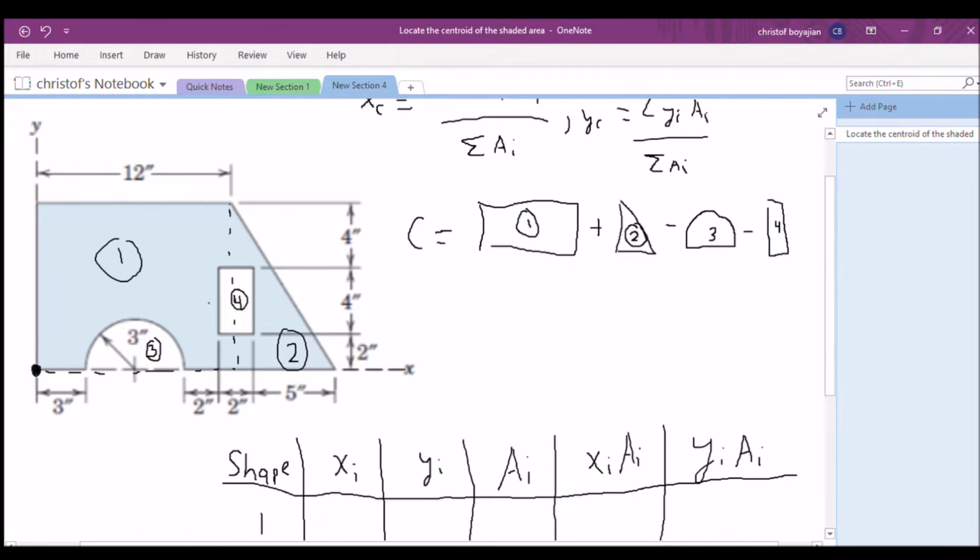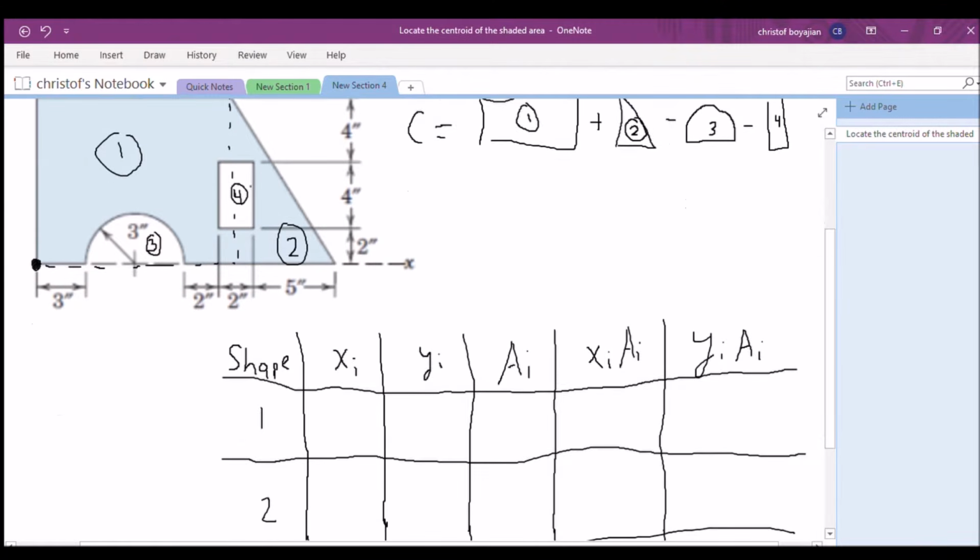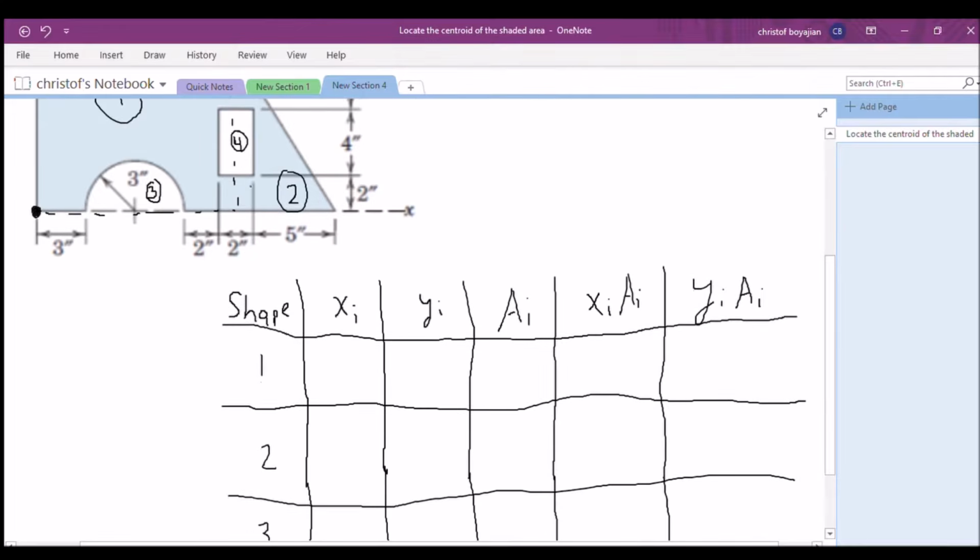So let's start with the rectangle first. Now, this rectangle has a length of 12 in the x direction. So our x centroid of this rectangle is going to be 6 inches. Now, I'm not going to put the units because if I were to put the units, I would have to apply all the units throughout all of these columns.